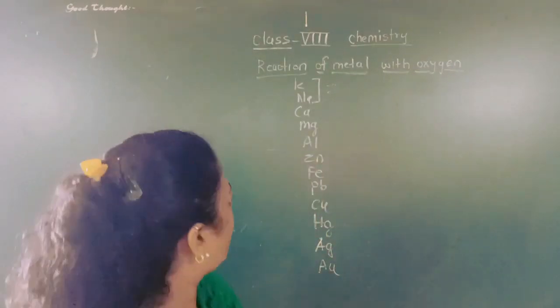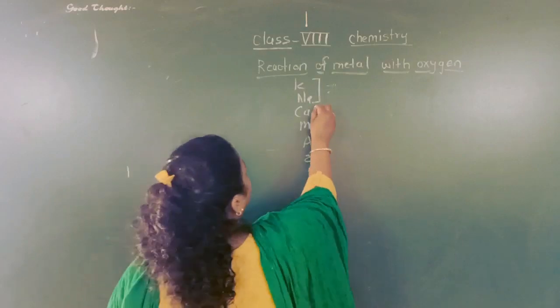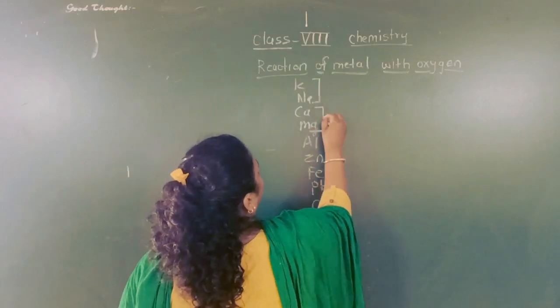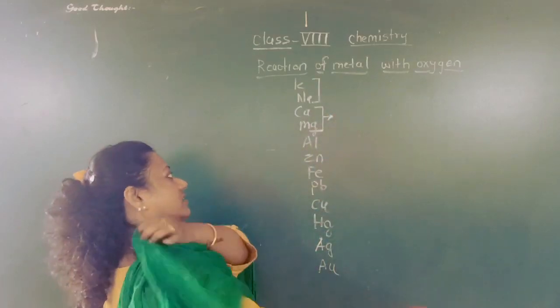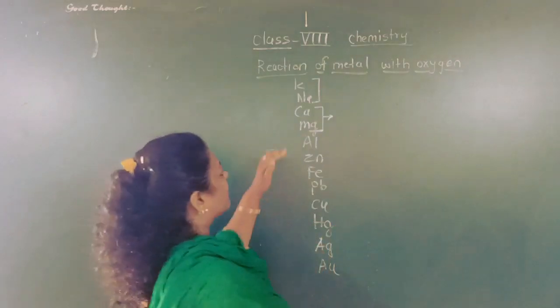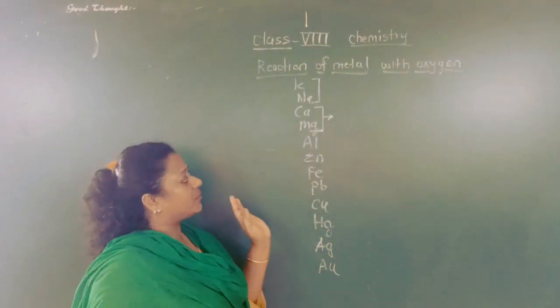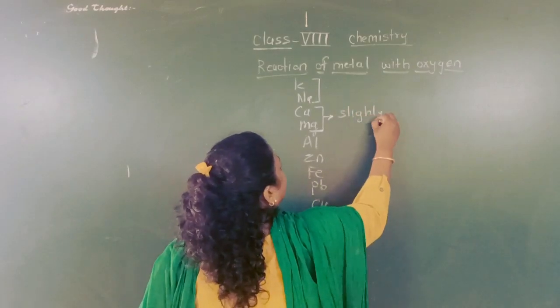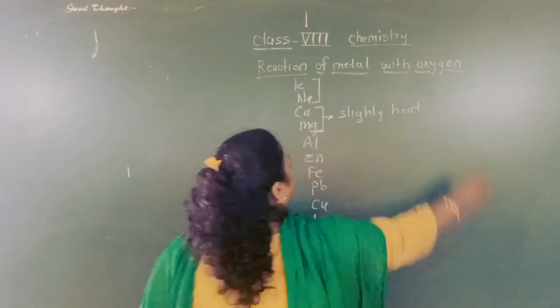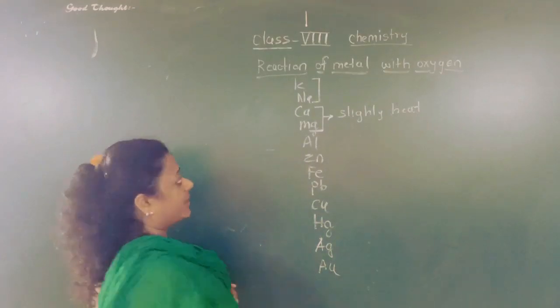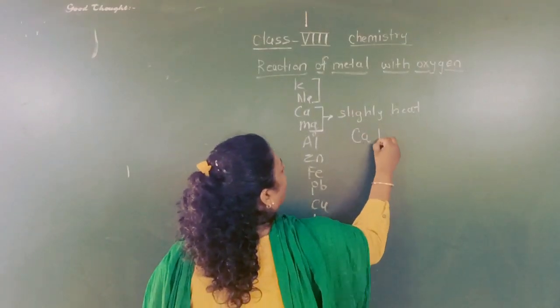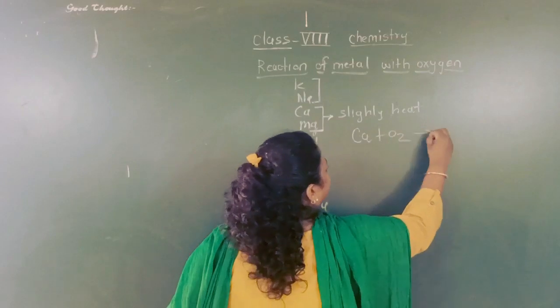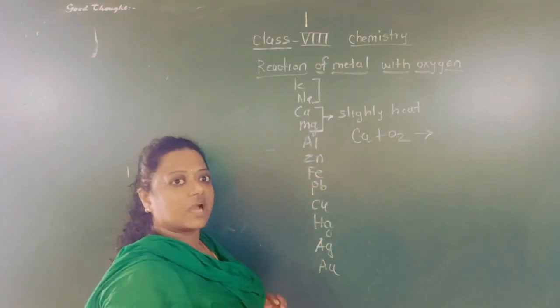Now, if we talk about calcium and magnesium, these react when slight heat is needed. These are not as reactive as sodium and potassium, so we have to provide slight heat. Slight heat must be provided for them. So if we talk about calcium in the presence of oxygen, this is also called combustion.